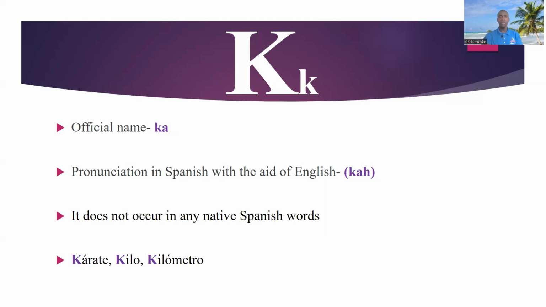All right. So the official name is Ka. Examples: karate, kilo, as in a unit of measurement, and kilómetro, kilometer. And those are all borrowings from other languages, okay?